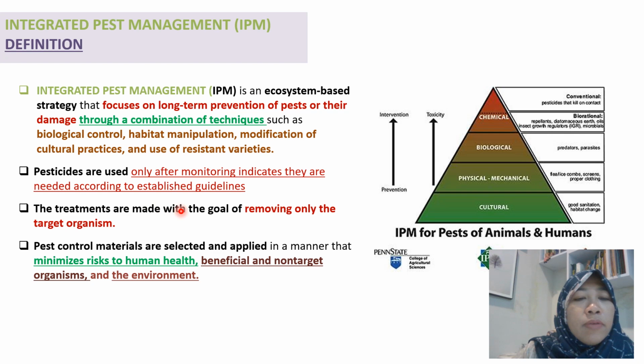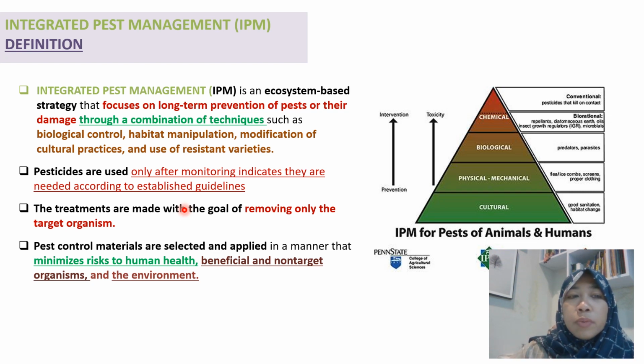The treatment is made with the goal of removing only the target organism, so it is safer for the environment because it is specific. We only control our target organism, so we save the others, for example the other biological agents, because in the fields there are not only pests but also a lot of biological agents.